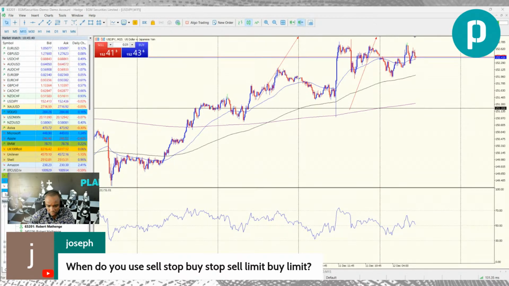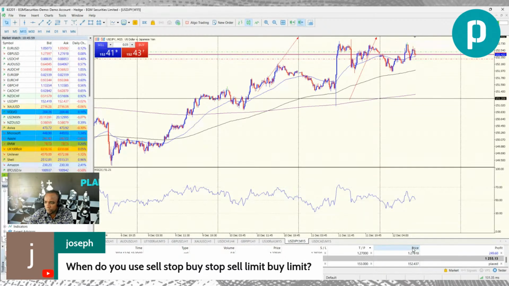Then make sure that you have a stop loss and a take profit. Maybe 153. So you see what I've done. I've set out a buy stop order at 152.50. The current market price is 152.43.